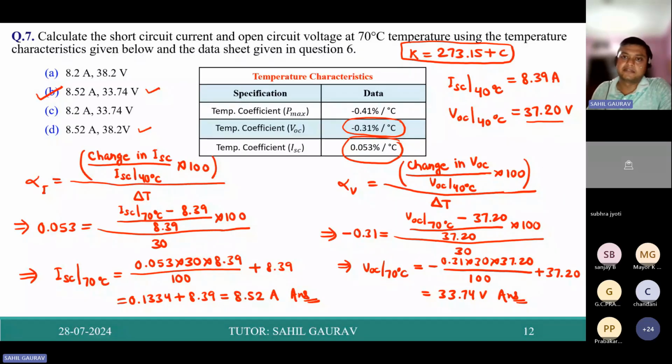If you convert to Kelvin, delta T will be the same, and if the data is given in Celsius, delta T will also be the same. Delta T will remain the same whether you calculate in Kelvin or Celsius.